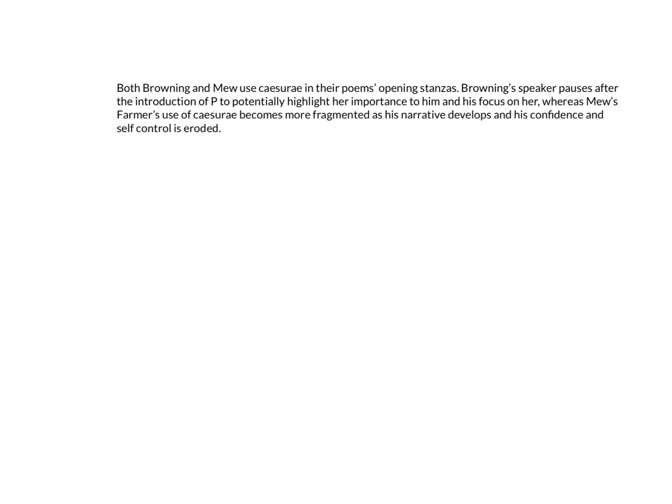Hopefully that will now fit. You can see that we've got our topic sentence here. We know that we're going to be talking about caesurae in the opening stanzas. Then we've got, let's look at Porphyria's Lover and say, here's the example that we've found.